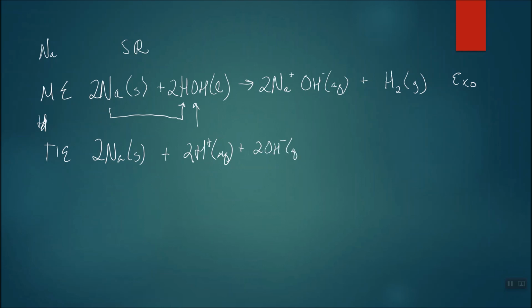See that? So, to form 2 sodium ions, 2 hydroxide ions, and there is our spectator ion, plus hydrogen gas. Hydrogen gas. So our spectator ion is hydroxide.